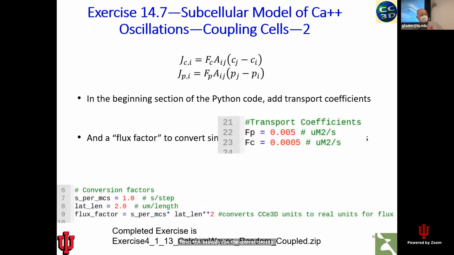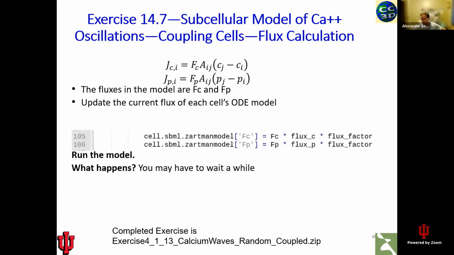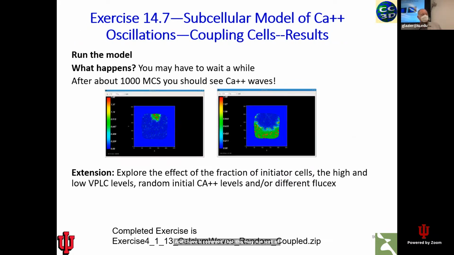And so why don't people load exercise 4.1.13 and run it and tell me what you get. And I have a comment that this may run sort of slow. It takes about 1,000 Monte Carlo steps before anything happens.